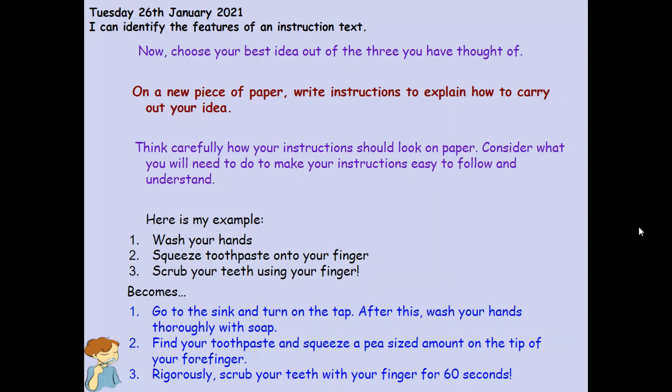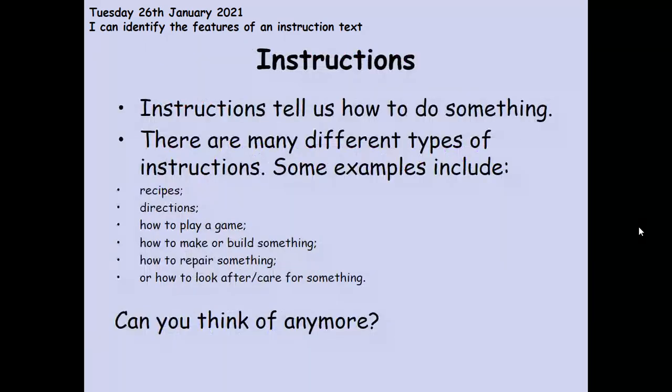After this, wash your hands thoroughly with soap. 2. Find your toothpaste and squeeze a pea-sized amount on the tip of your forefinger. 3. Rigorously, I can never say that word. Scrub your teeth with your finger for 60 seconds. Not very hygienic. We should all be using a toothbrush, but if that's the one you chose, then that's something you should think about.